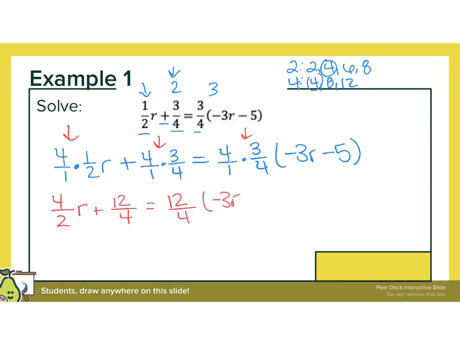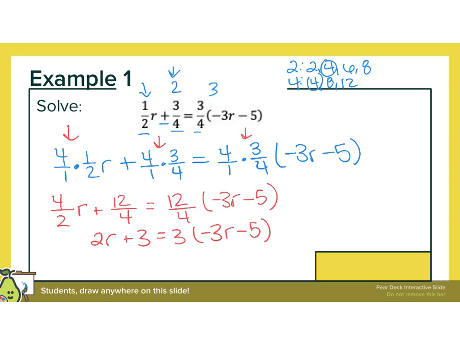Negative 3r minus 5. The whole point is for the fractions to go away. So now we're going to simplify. 4 divided by 2 is just 2. 12 divided by 4 is 3. 12 divided by 4 is 3. And then we have negative 3r minus 5.